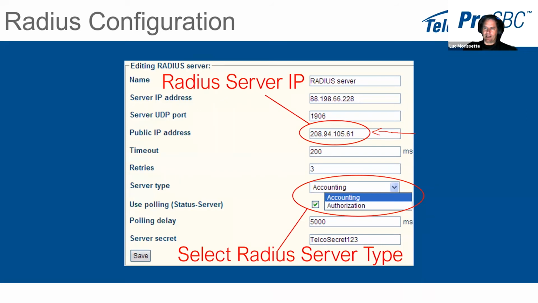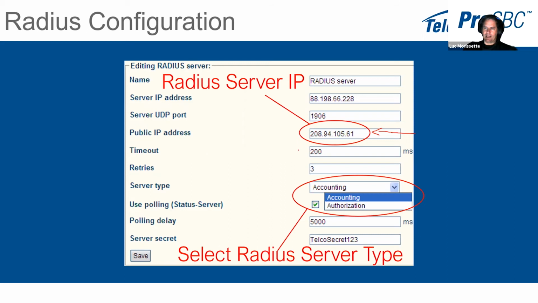So input a public IP address, which is similar to what we do with NAT on SIP and RTP, but this one is specifically for RADIUS. So this will be your public IP where you will get your RADIUS packets returned from the RADIUS server.